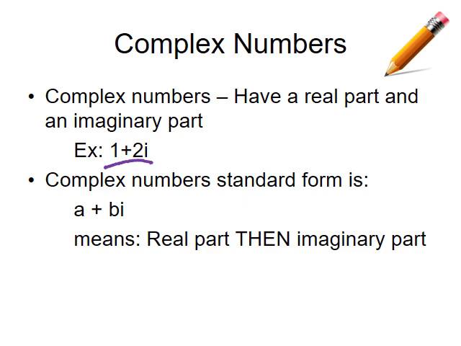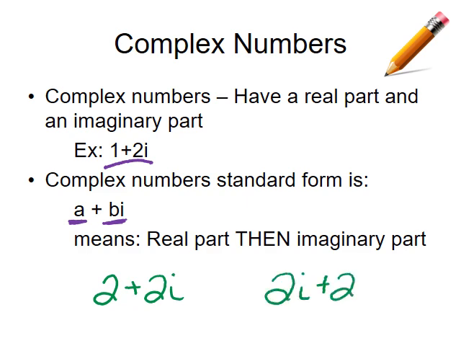Standard form for a complex number means the real part followed by the imaginary part. So what do I mean by that? If I had the number 2 plus 2i versus 2i plus 2, 2 plus 2i is in standard form. 2i plus 2 is not in standard form.